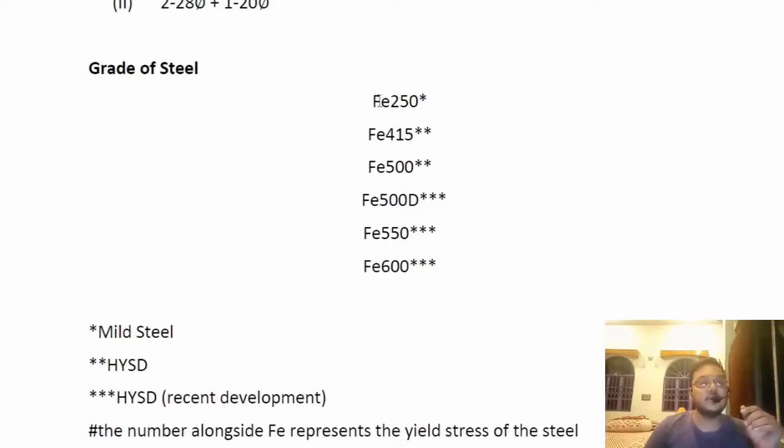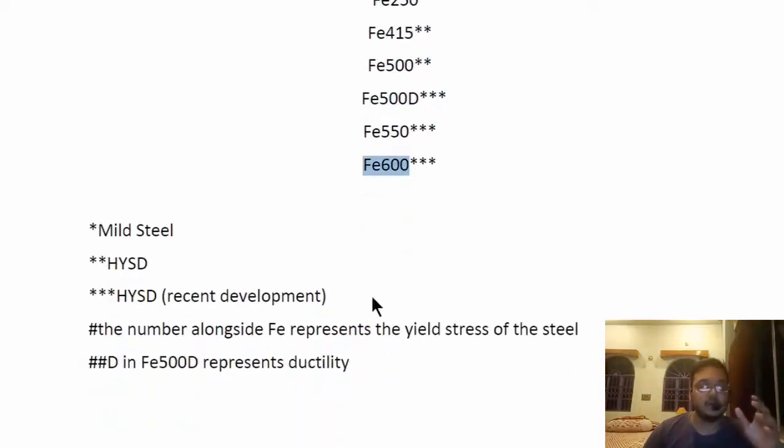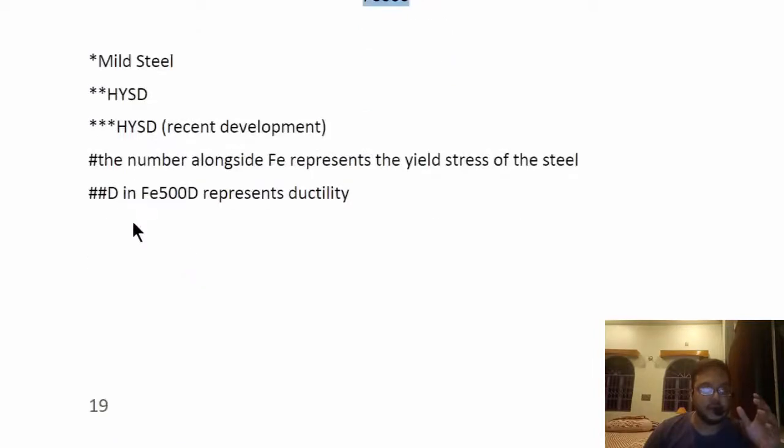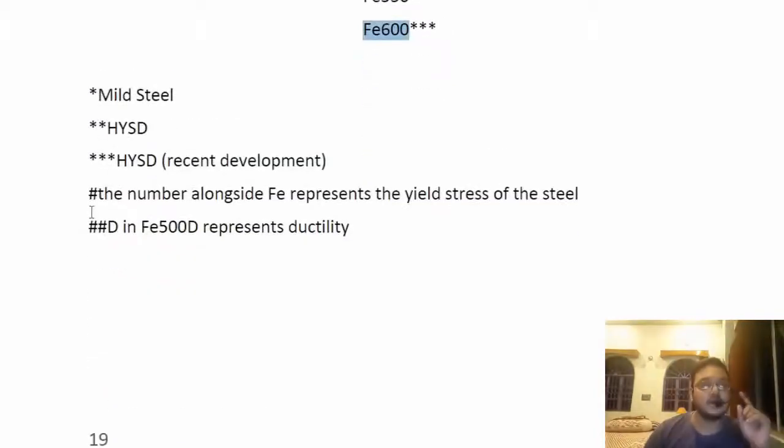So next is the grade of steel, and the grade of steel is represented this way. This is Fe 250, like Fe 415, Fe 500, Fe 500D, Fe 550, Fe 600. Fe stands for iron.